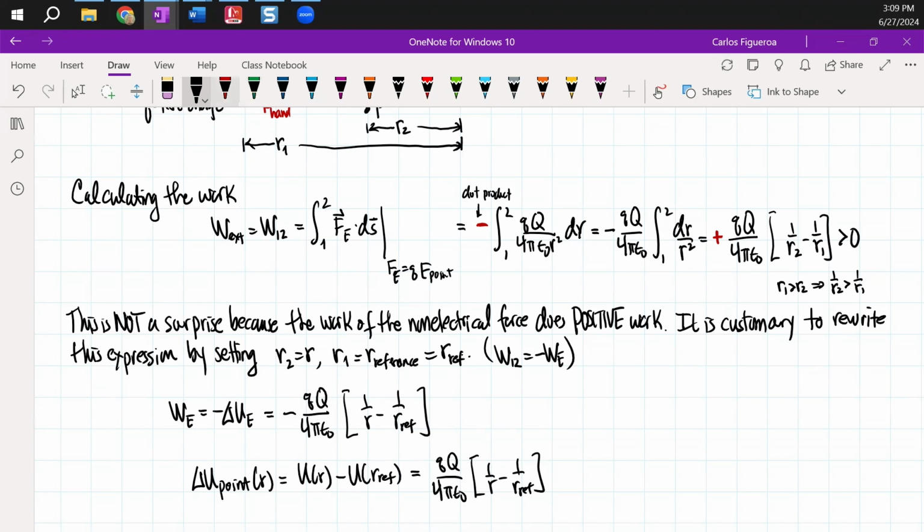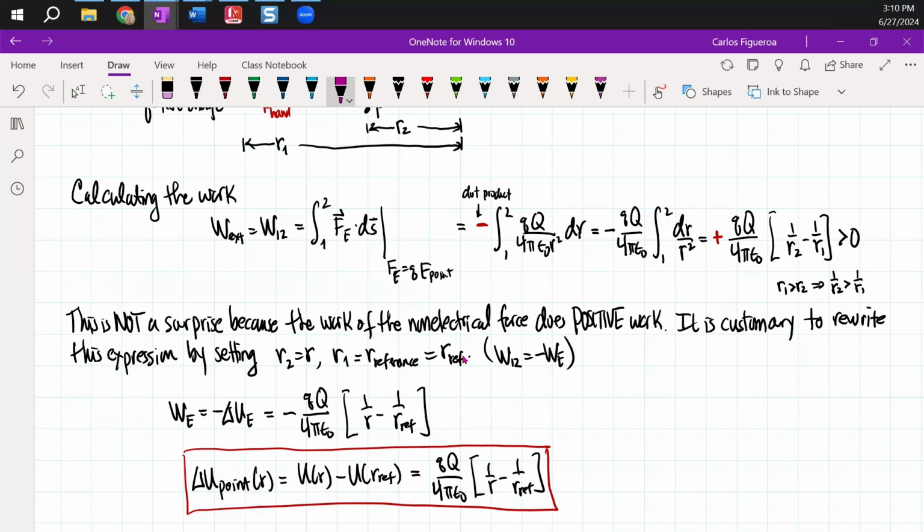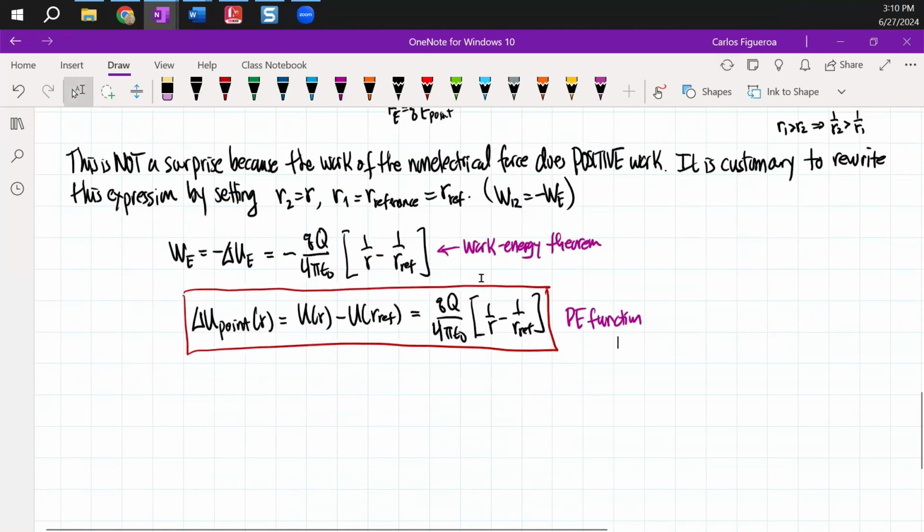So we need to separate the language here a little bit. This right here is the work energy theorem. This right here is only the potential energy function. Even though it's part of the work energy theorem, it's different.